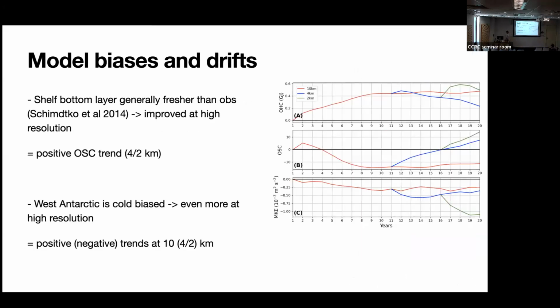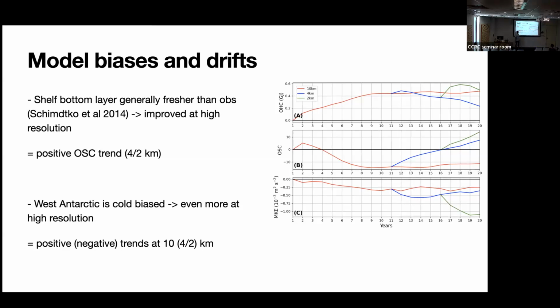And of course, this bias is also what drives the drift. So here you have ocean heat content and ocean salt content integrated over the shelf along the years. In the end, you have a 20-year simulation with the 10 kilometers, the red line. You simulate 10 years with the 4 kilometer, the blue line, and 5 years with the 2 kilometers, the green line.